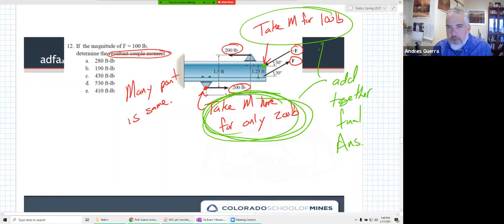Again, when we're taking moments and they're at an angle, I would break that up into X and Y components. So I'd break this up into an X and a Y, and I'd break this one up into an X and a Y. I wouldn't try to find that perpendicular distance. I would just break them into X and Y components. And then don't we know the perpendicular distances between the X and the Y components already? So we don't have to do any crazy geometry. Good question.